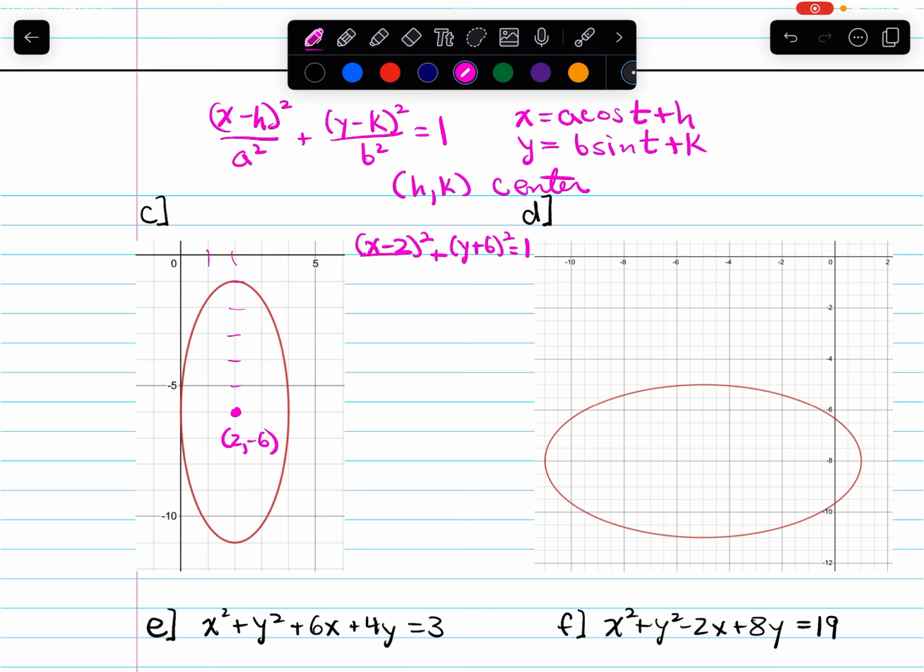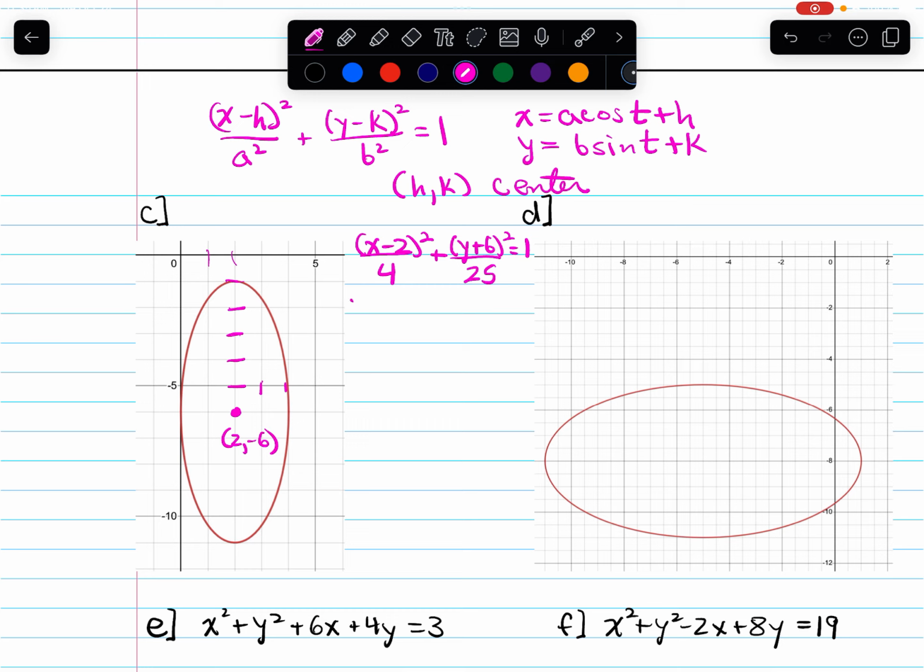Now let's see what goes on the bottom here. Parallel to the x-axis, we go 1, 2 from the center. So that's going to be 4. On the y, we go parallel to the y. 1, 2, 3, 4, 5, right? So that'd be 25.